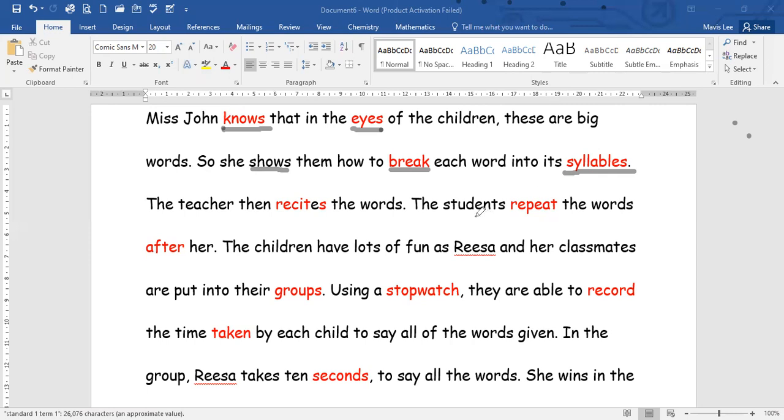So Miss John is going to show the children how to break the words into parts so that it will be sounded out easier. Right? That's what she means by breaking the word into syllables. So I want you to read those two sentences on your own now. Go ahead. I'm going to use my pointer to help you.